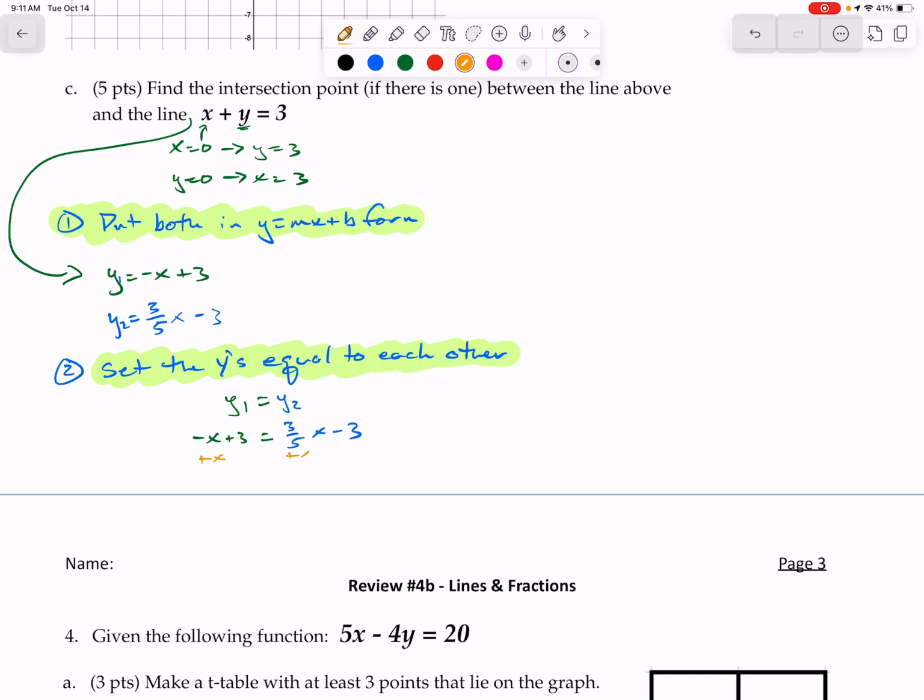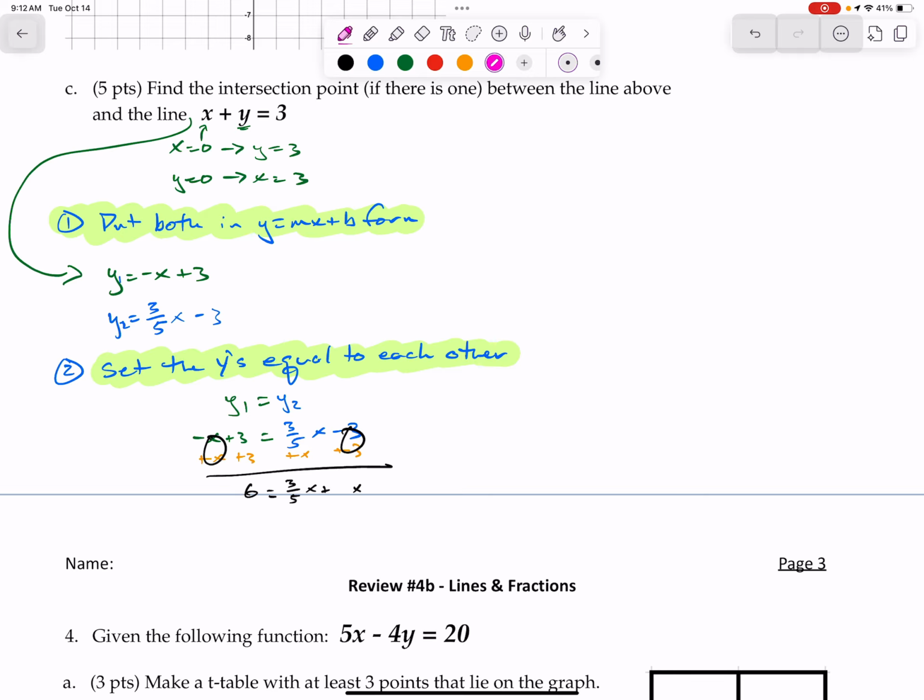Plus x plus 3 plus 3. So those sum to 0, those sum to 0. What I get is 6 equals 3/5 x plus x.